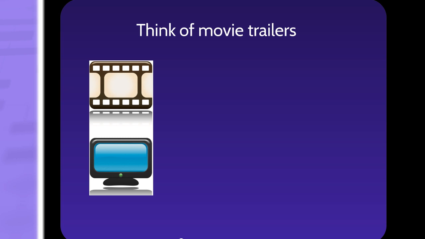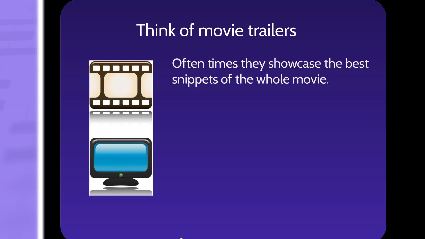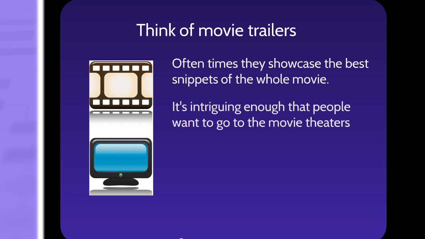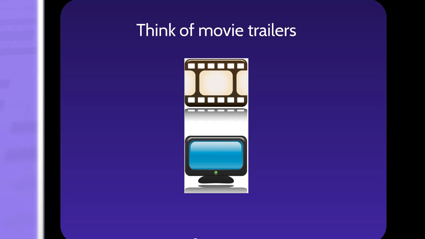But that's what you're trying to do. You're trying to take a piece of the whole that is really interesting and really appealing to the point that it's going to intrigue somebody to want more. So that's what we want to do. Same concept: think about movie trailers and apply that to your business.